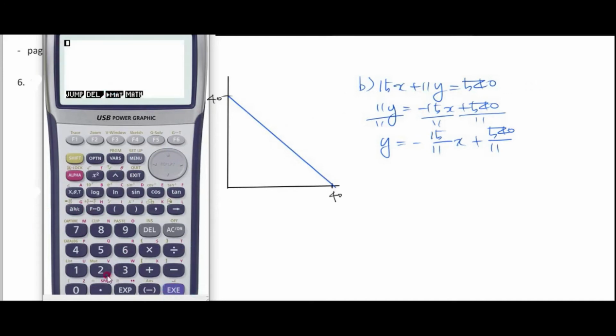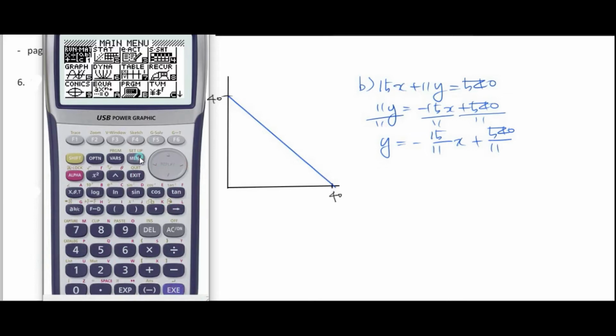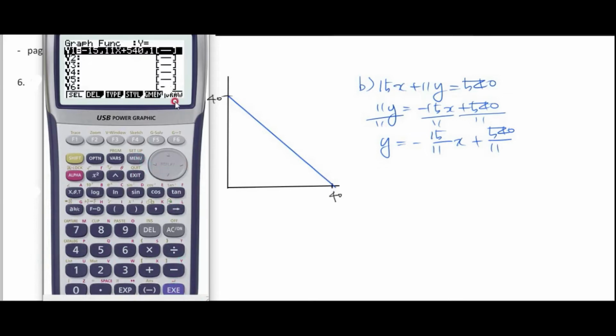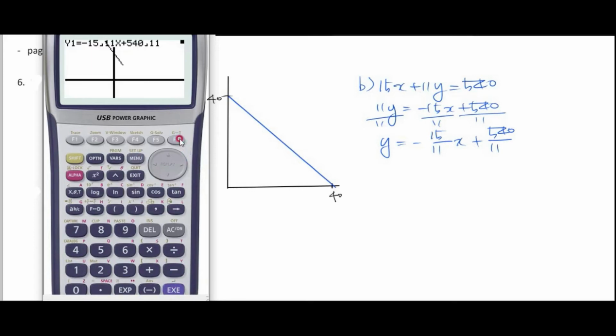So it'll be 540 fraction divided by 11 equals 49.090909. Going to menu again, and then graph, and draw, and G-Solve. And the root was 36, which is x, and the y-intercept was 49.090909. And I just taught you how to basically use this calculator. And from now, we'll continually use this one.